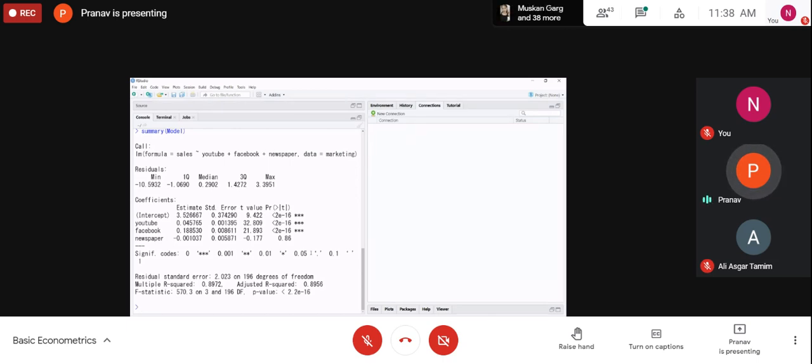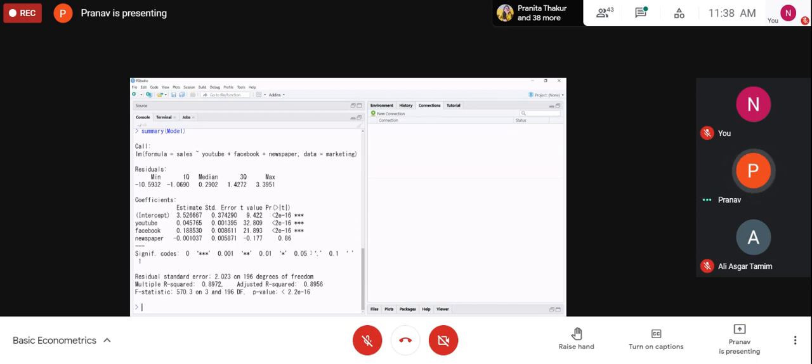That is, if your null hypothesis is that these individual coefficients are zero. And that is exactly what statistically significant t ratios mean.